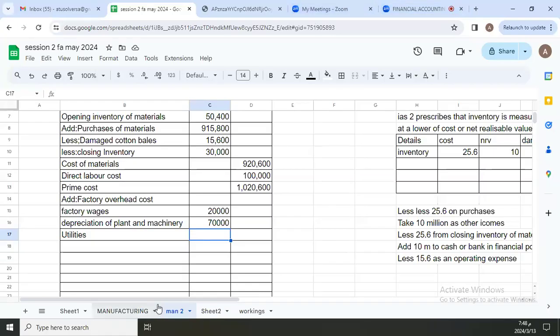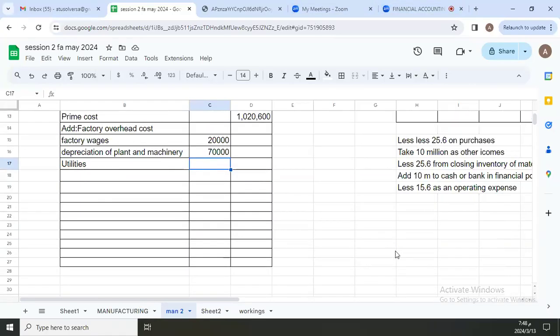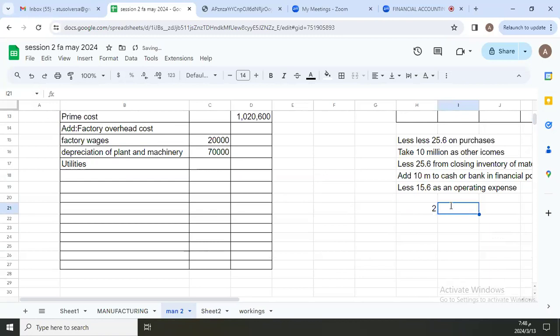So we shall come down here under my workings. I name it utilities. So under utilities, they are telling me I can put even here details.